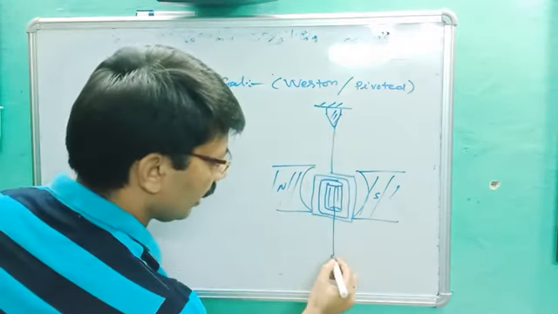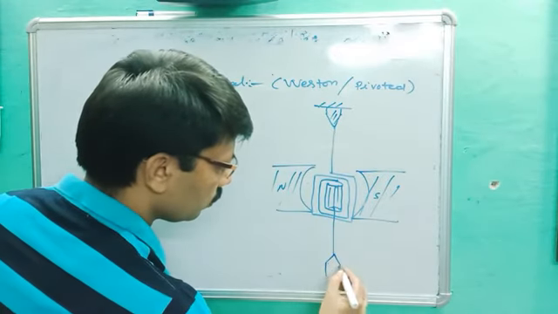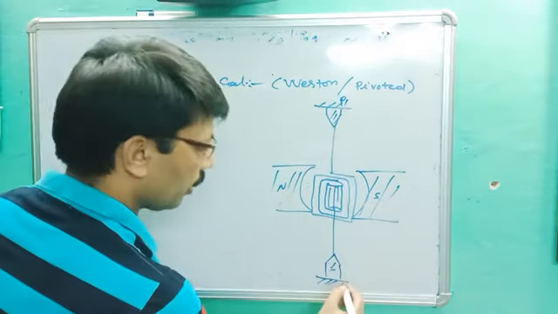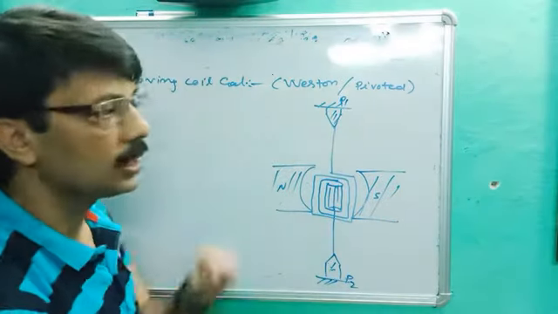It is freely hanged by two pivots, P1 and P2. That's why it is called pivoted galvanometer.